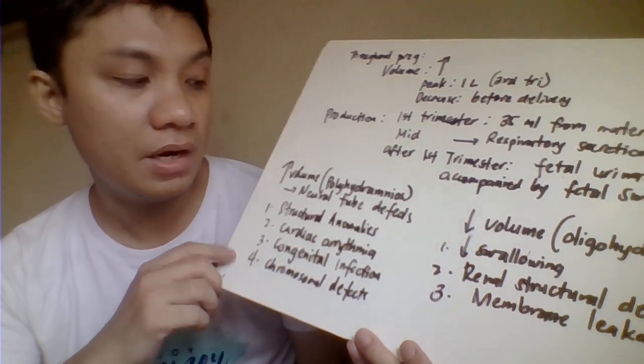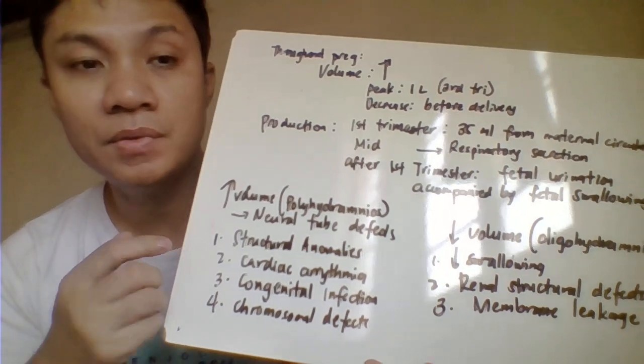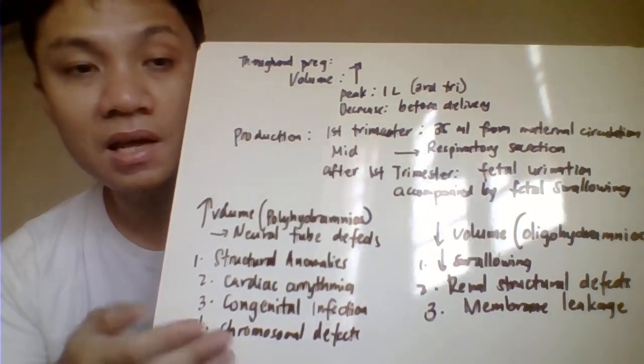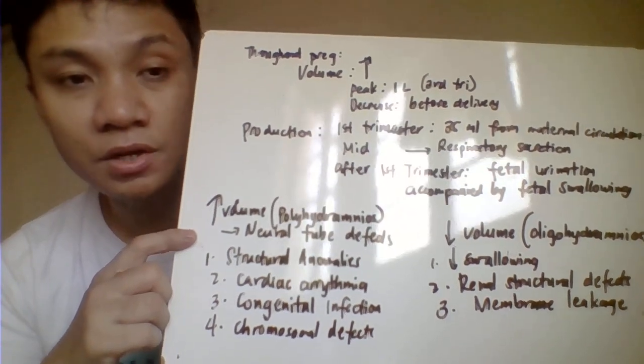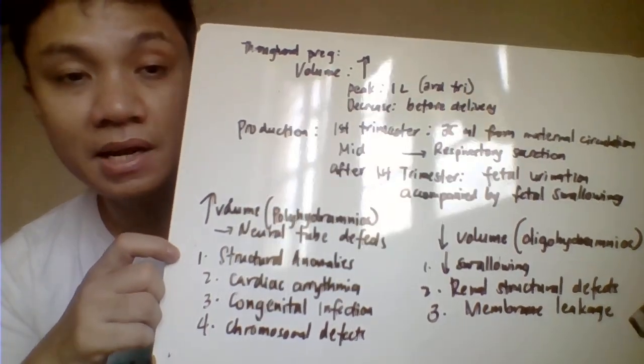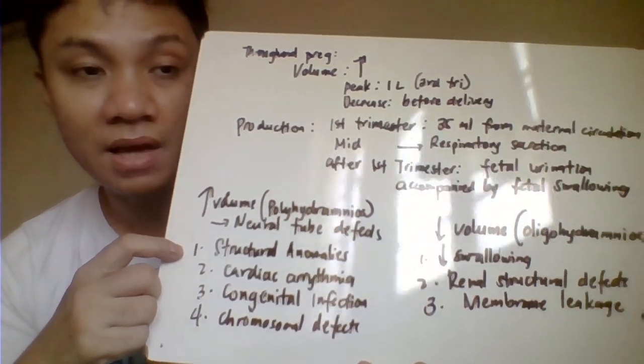Okay, then we have some of the conditions that would eventually disrupt the balance between the normal production and reabsorption. First, we have the term polyhydramnios, characterized by excessive amniotic fluid volume in the amniotic sac.